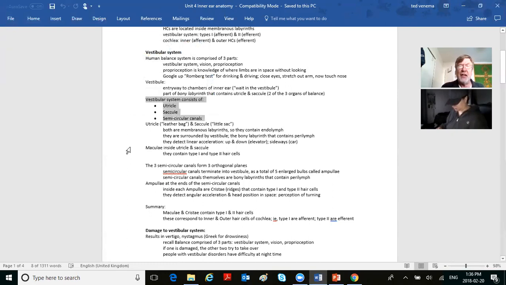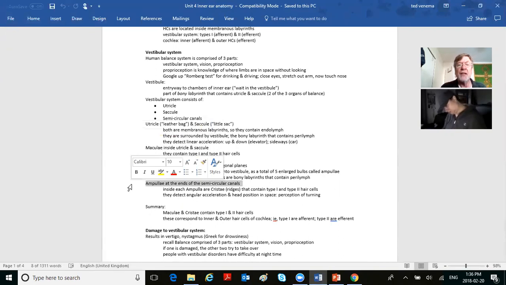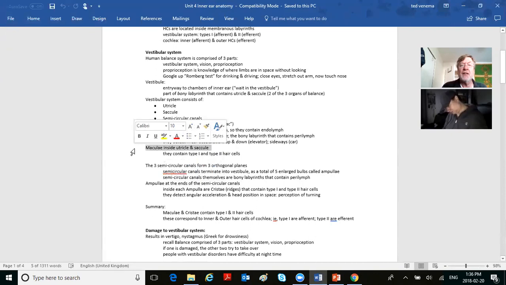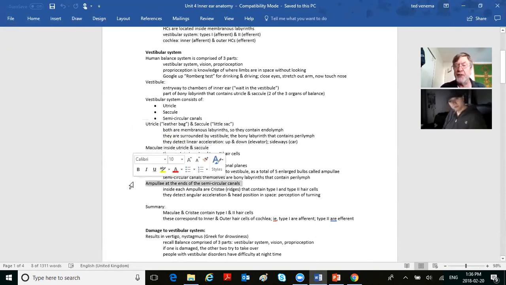We described the hair cell regions inside the utricle and saccule, called the maculae. We described the ampullae, which is the membranous labyrinths areas of the semicircular canals. And inside these maculae, inside the utricle and saccule, and the ampullae inside the semicircular canals, are hair cells.